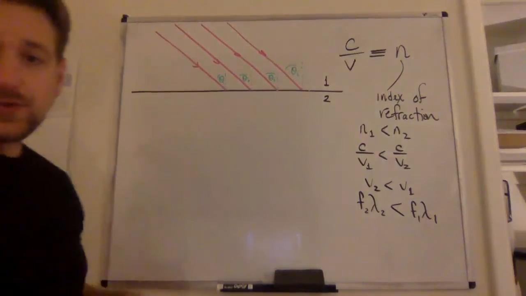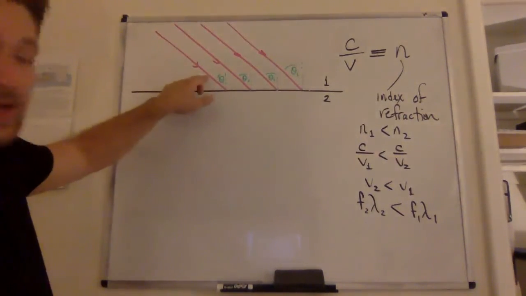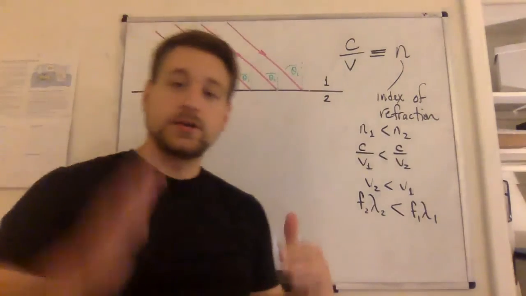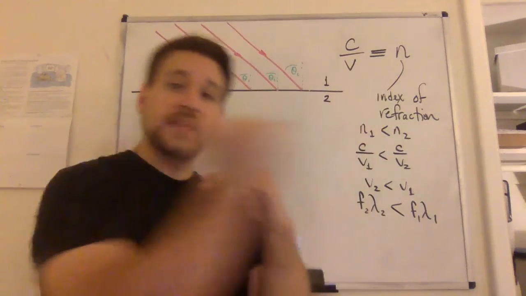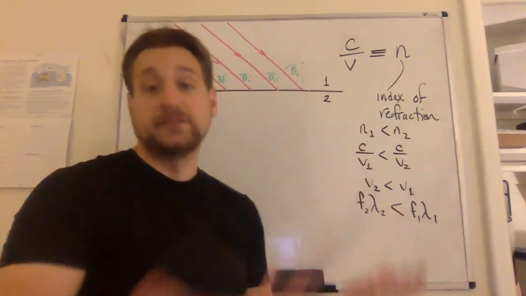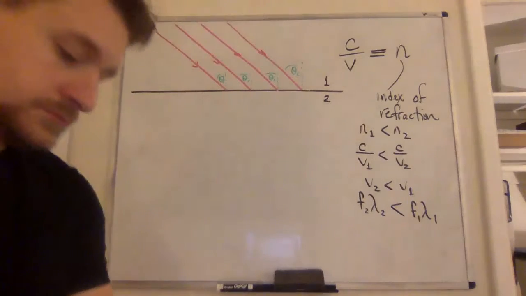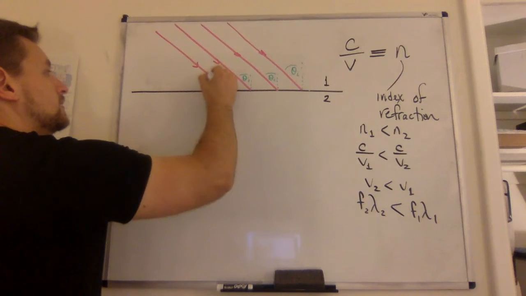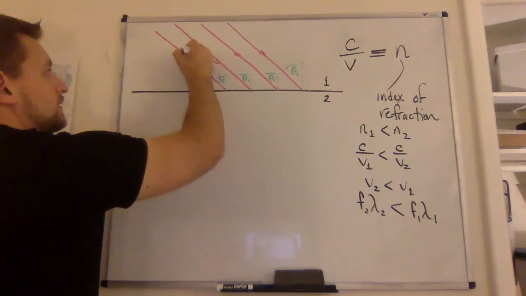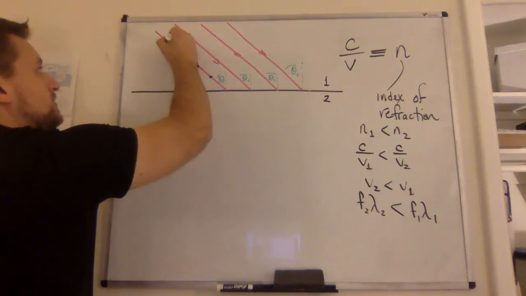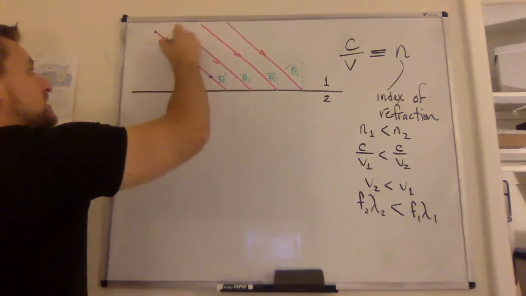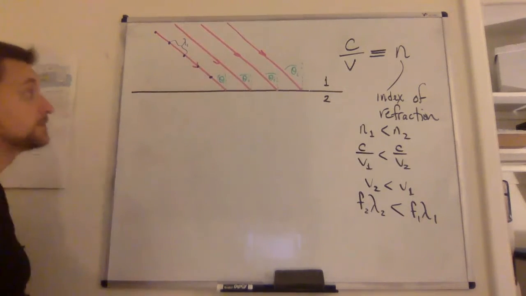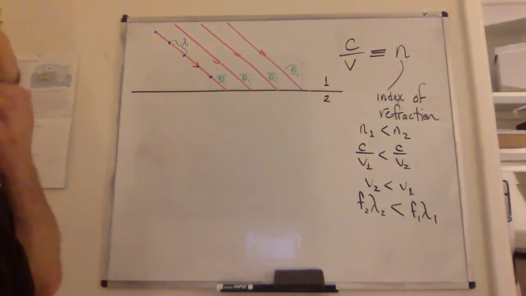Suppose we asked for all the points on this ray that are crests, maxima of the sinusoidal function that represents the electric field, say. Let's say there's one here, and one here, and they're all equally spaced. And the spacing between them is lambda, lambda 1 in this case.